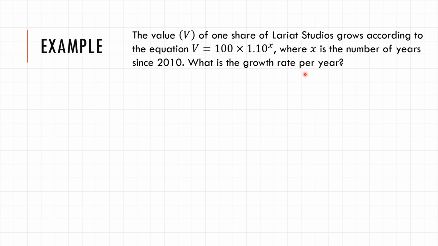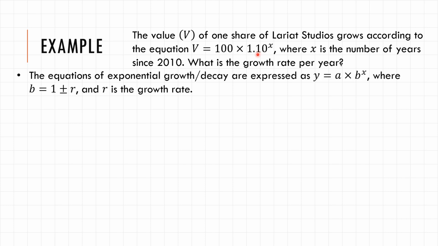What is the growth rate per year? In other words, by what percentage is it growing? Just from our notes here, remember that the equations of exponential growth, which is what this is, are always expressed as y equals a times b, where b, the base, is 1 plus or minus r, and r is the growth rate.